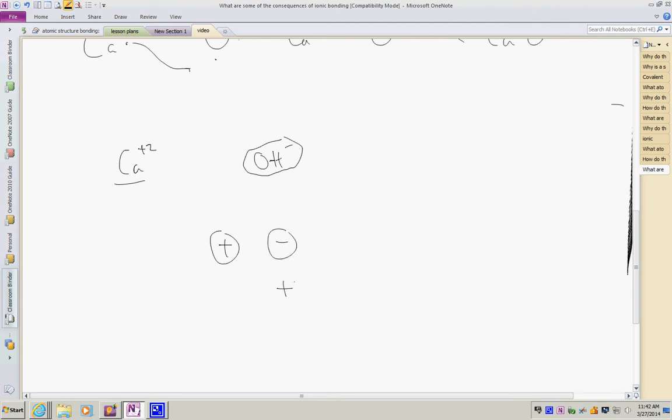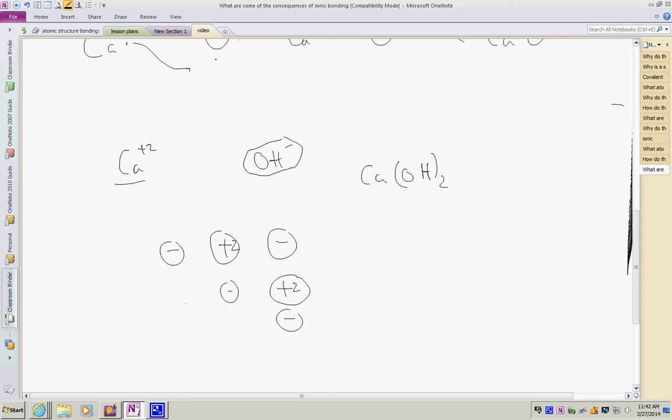In this case, it would be Ca(OH)2. Because this is an actual unit that's together, we put it in parentheses to show there's 2 of them. I have to have 2 negatives for every positive like this, forming in that ratio.